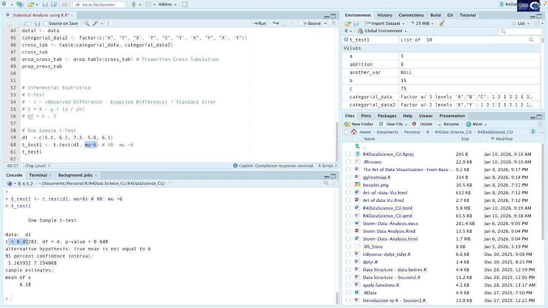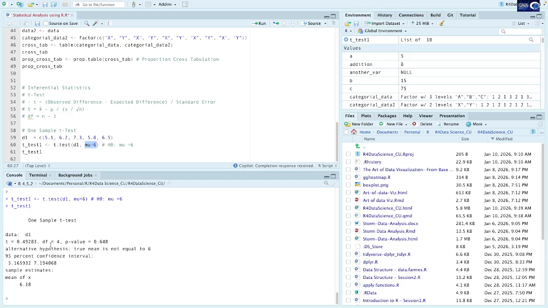When we come to the t value, how do we interpret it? A larger absolute value of the t statistic suggests a greater difference between the sample mean and the hypothesized mean. A high degrees of freedom generally means more power to detect an effect.